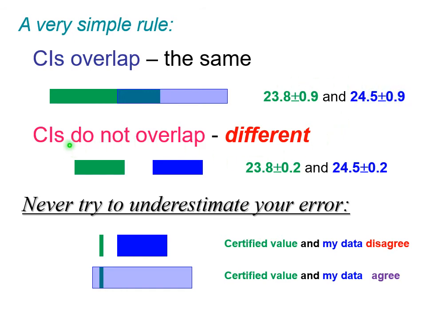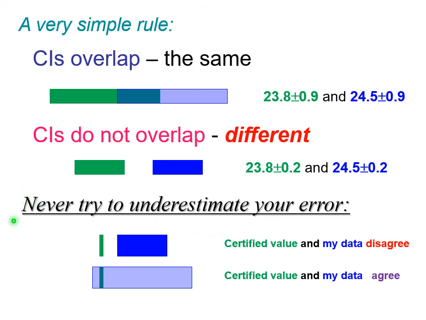Now, if confidence intervals do not overlap, that means that these two numbers are different. 23.8 plus minus 0.2 and 24.5 plus minus 0.2 are different numbers because these intervals do not overlap. Now, the numbers actually are the same, but confidence intervals are more narrow.